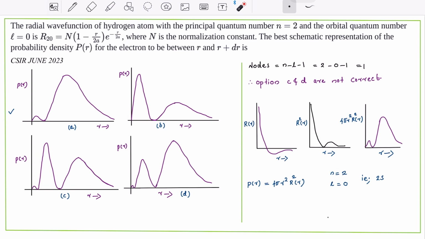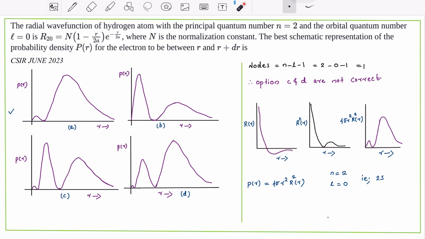For that, first let us consider the radial wave function for the hydrogen atom for n is equal to 2 and L is equal to 0. That is, it is representing the 2s state. R of r is a radial wave function and the shape of the curve is like this.